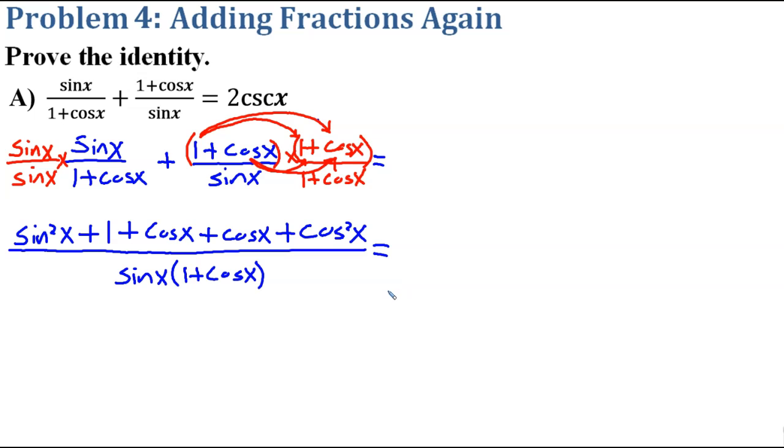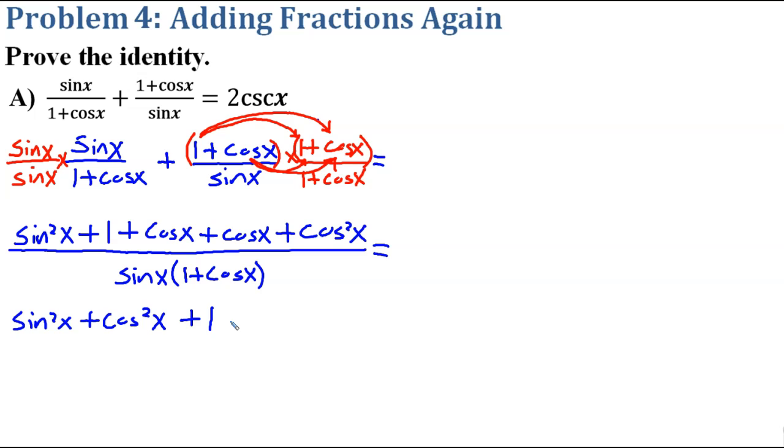Okay, let's clean this up here. Now I'm going to show more steps than you necessarily have to show on a test or a quiz. In the numerator, I have my sine squared x, and then I'm going to write next this cosine squared x. Just going to rearrange things. And we'll say plus 1.